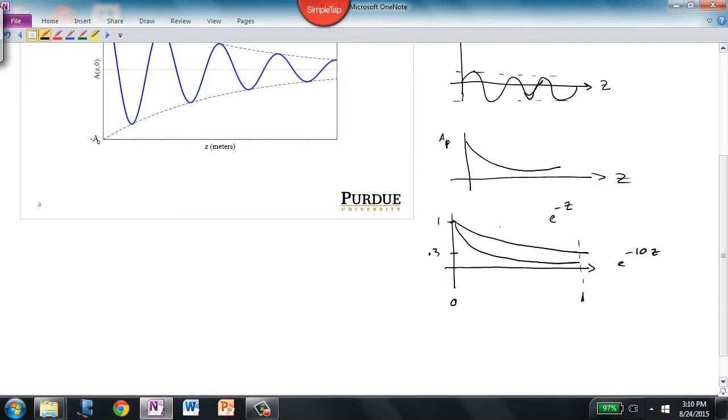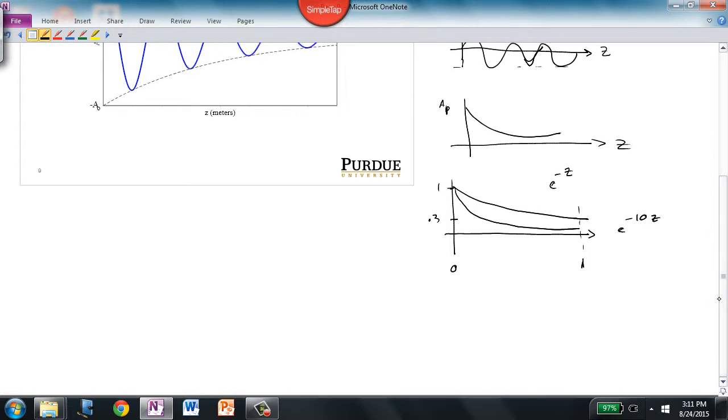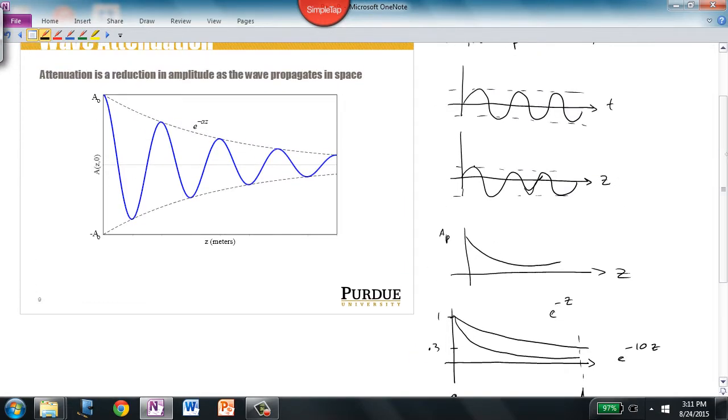And so we can modify our traveling wave equation to take attenuation into account by just including some sort of exponential term. And we don't know how fast the wave will fall off. That's going to be a material property. So I'm going to write it up here where you can see the wave. A(z, t) is equal to whatever the original peak value was.